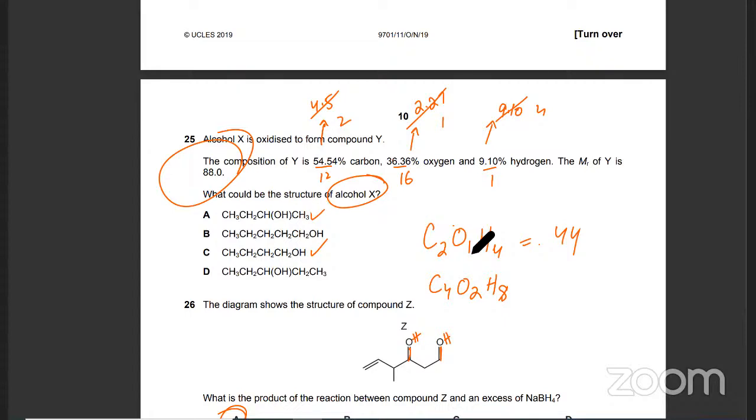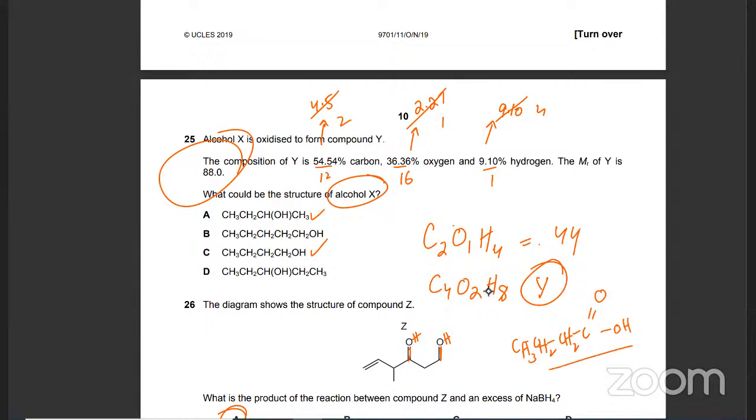Remember, this is Y. This is not X. So it's a carboxylic acid. How do you figure out this is a carboxylic acid? That's because of the 2 O's. Yep, you got 2 O's, right? And then what is that? Second degree alcohol? No, first degree, or primary alcohol.